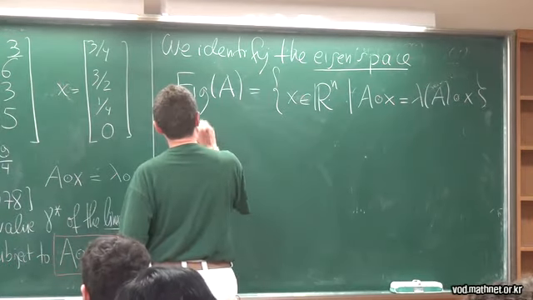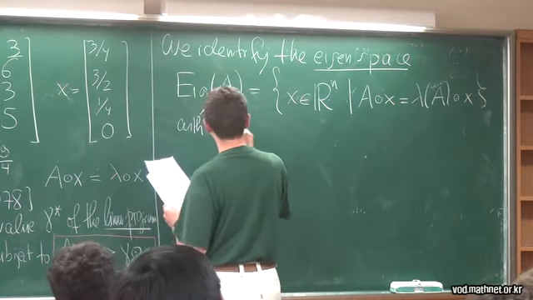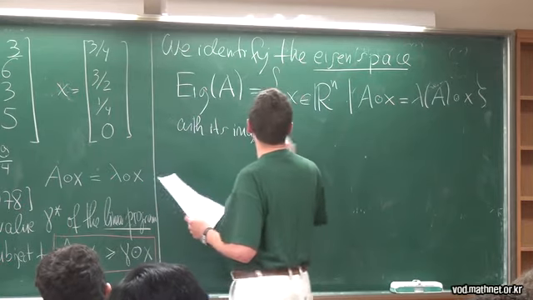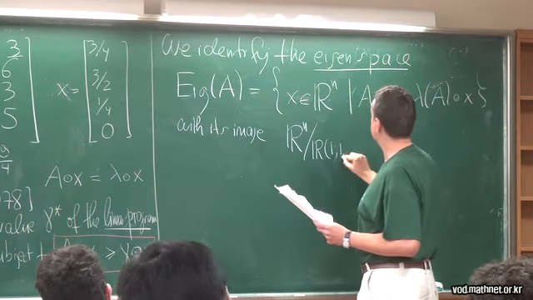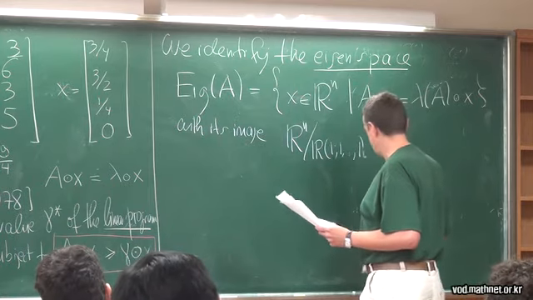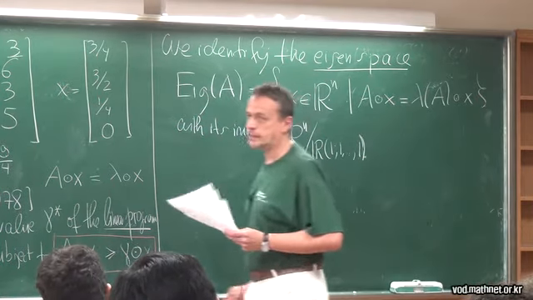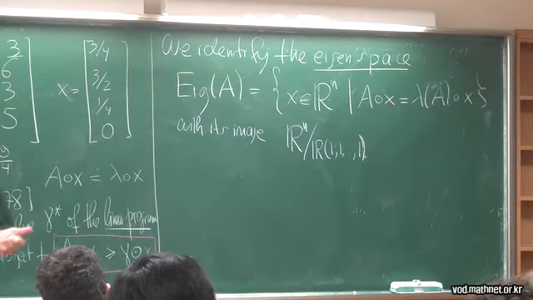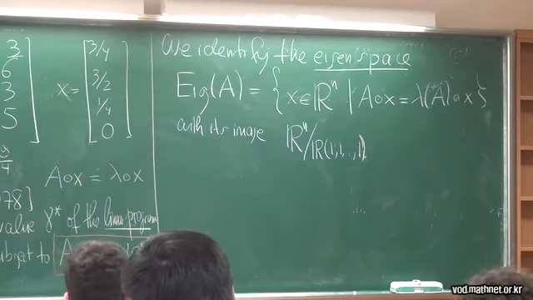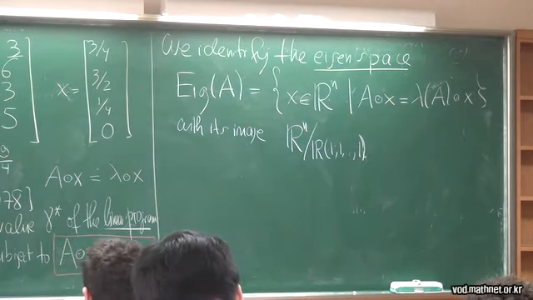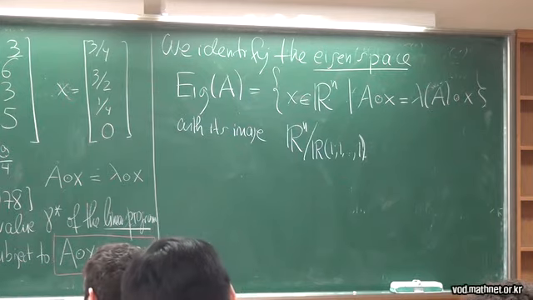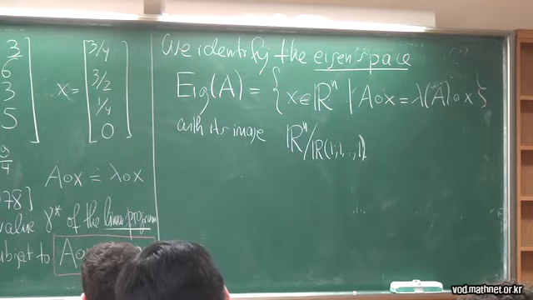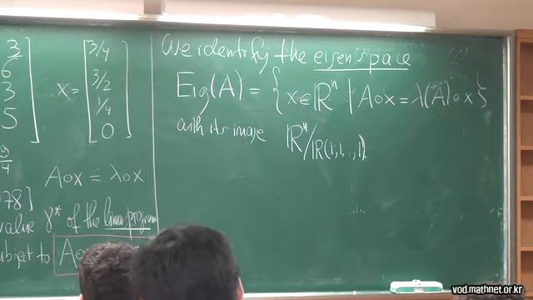Well, we're going to identify it with its image in Rn modulo the classical linear subspace spanned by the all one vector. Okay? Well, that's very natural, right? Because this corresponds to scalar multiplication. So classically, if you have an eigenvector in linear algebra and you multiply it by a scalar, it's still an eigenvector. Same here, except that it's tropical scalar multiplication.